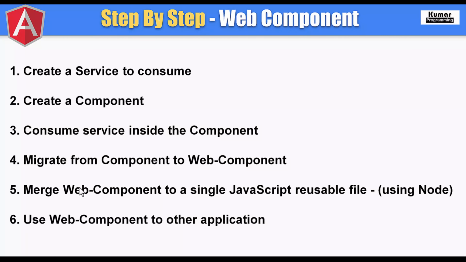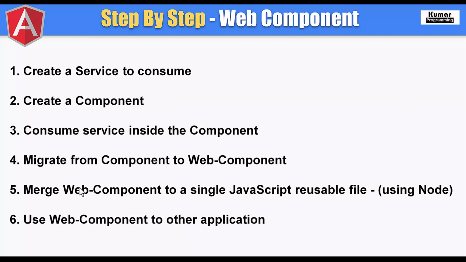Now I'm going to create this web component step by step. In order to create it, I'll create a service to consume in the component, then I'll create a component, and after that I'll consume that service inside that component, because in most applications components are using services. That's why I have given this example, to use the service inside the component.